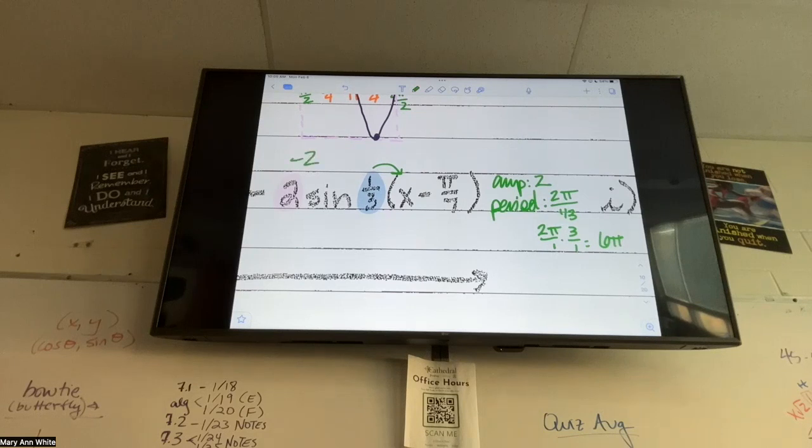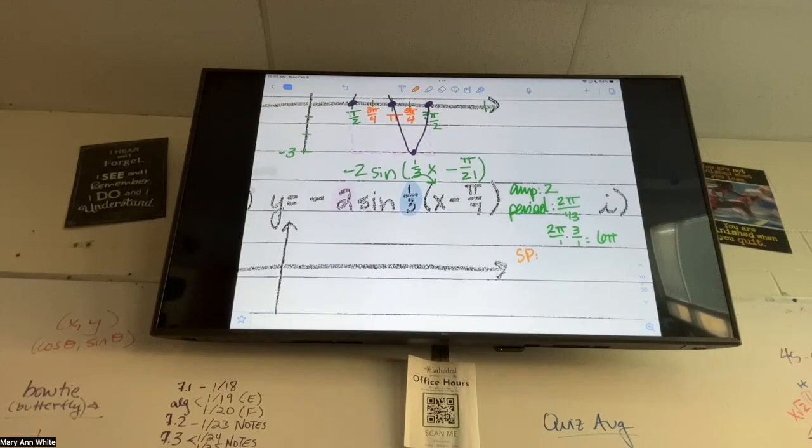All right, so that's -2 sine 1/3 x minus pi over 21. So my shift, I'm going to say my new starting point, I believe that's what we talked about last time, SP is a starting point. Instead of starting at 0, 0, we're going to go right pi over 21. And so we're going to start at 0, comma, pi over 21.